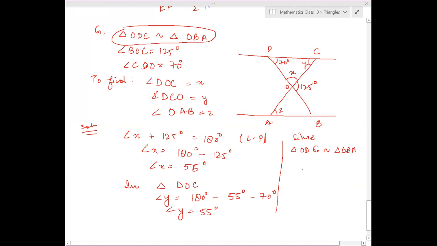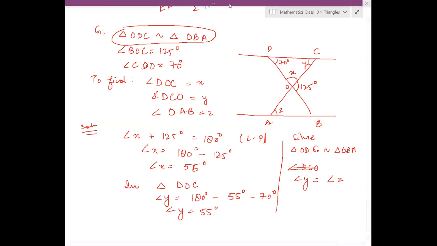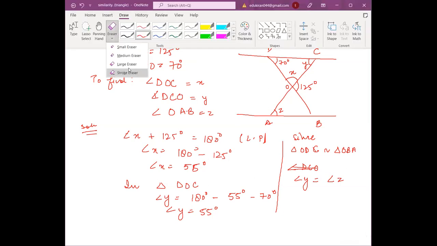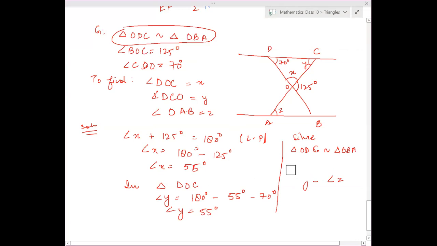Angle DCO is equal to angle OAB. That means angle Y. Or you just simplify: angle Y is equal to angle Z. Isn't it, Hamna? We write it like this, just to avoid mistakes. See here.